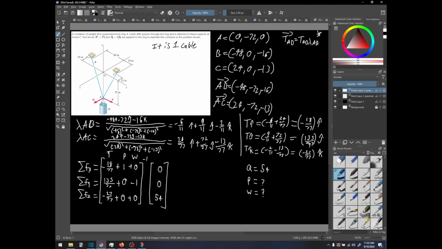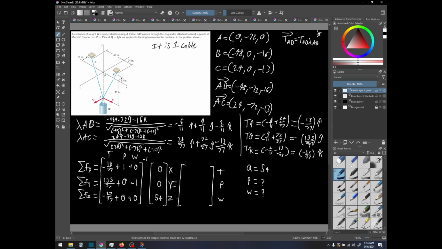We don't know the x direction. When we plug this in, variables here, left to right, go top to bottom. So what we should get is our answers here. This should be T, P, and W. This vector here is going to be X, Y, and Z.